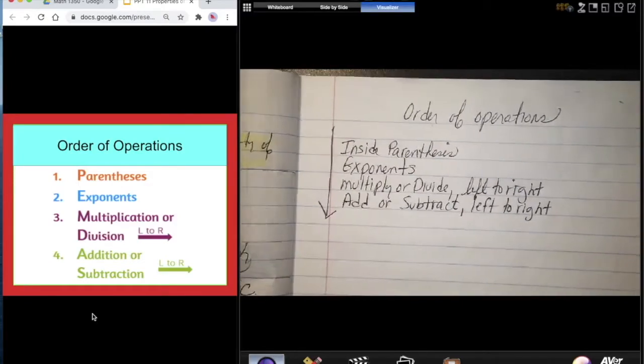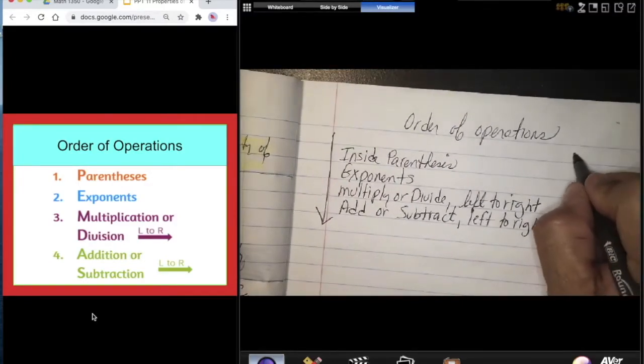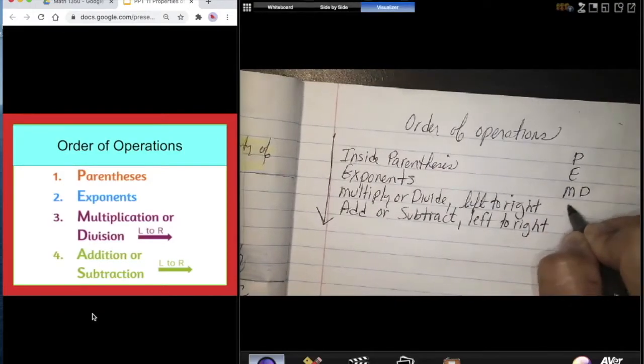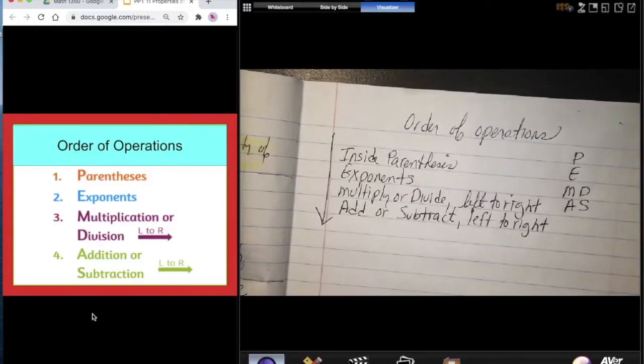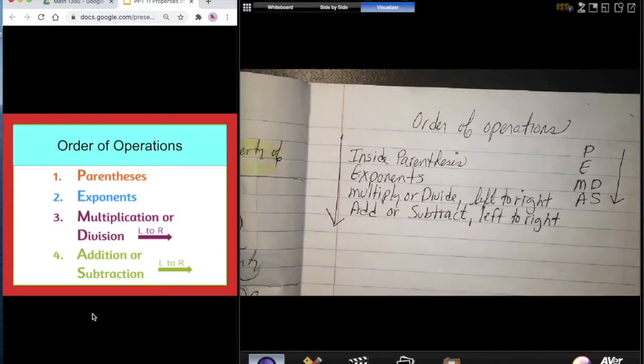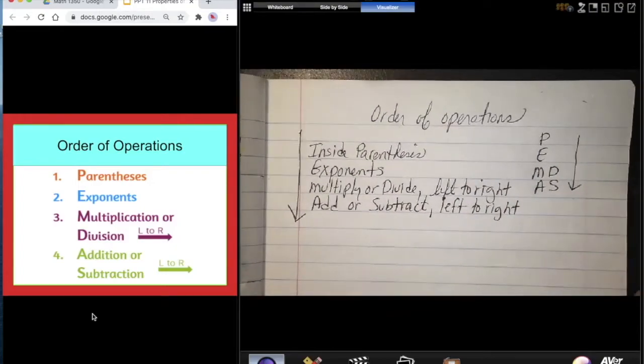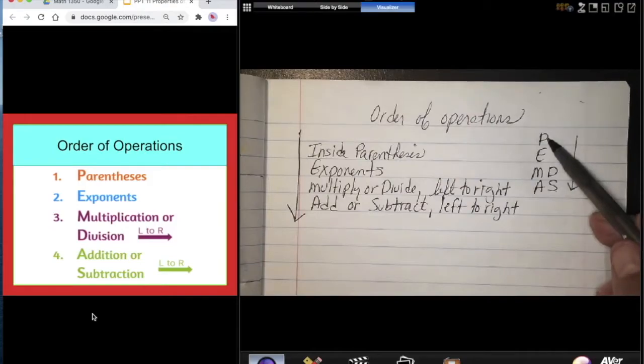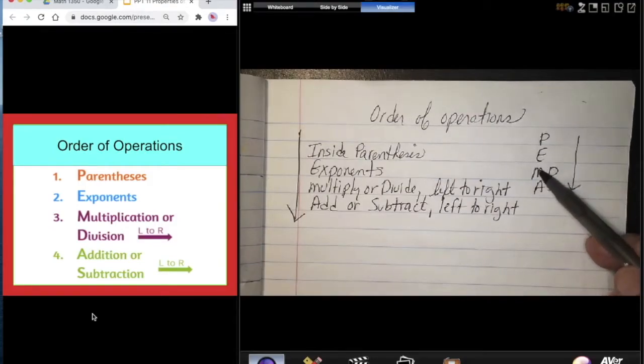Now sometimes this is abbreviated as PEMDAS. We still put the arrow. Please excuse my dear Aunt Sally.